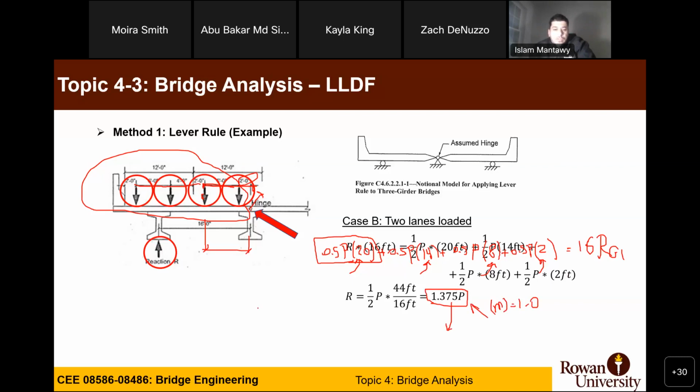Now you have two cases, right? One lane loaded gives you 1.275, from the previous slide. And two or more lanes give you 1.375, right?